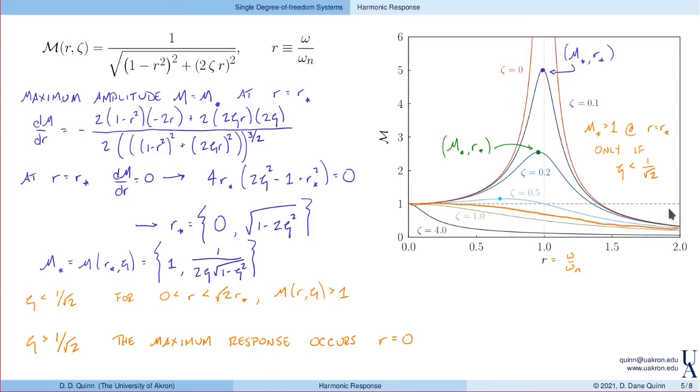And eventually the forcing frequency becomes so large that the amplitude of the response is really small. For larger values of damping, that amplitude just simply rolls off as we increase the forcing frequency. As R increases, this magnification factor basically drops off monotonically. Increases in the forcing frequency lead to decreases in the amplitude.